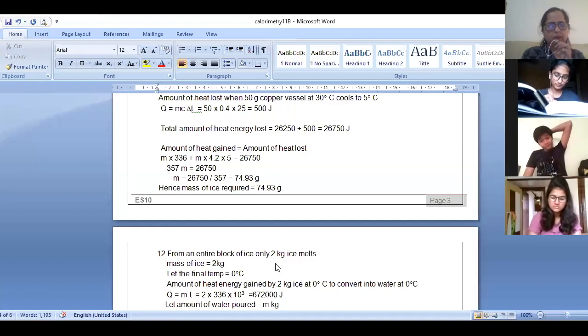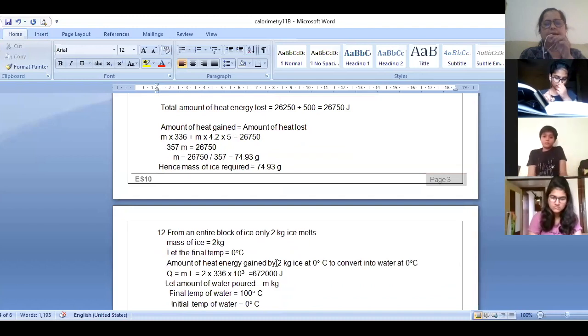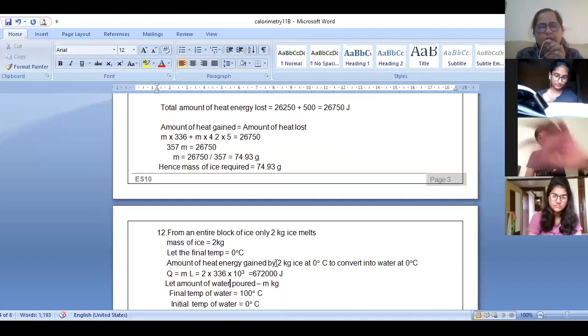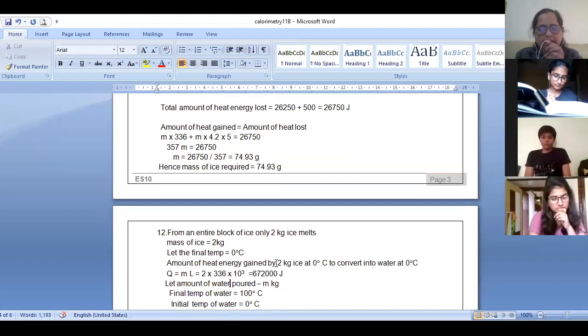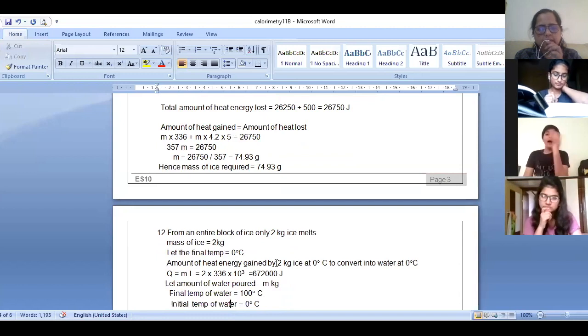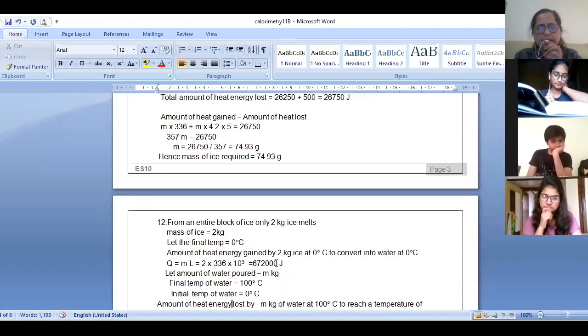So first we are going to see the amount of heat energy gained to convert to water. So you will first do the change of phase. Now the latent heat of fusion, 336 into 10 raised to 3, I have taken. So 6,72,000 joules you got. Now let the amount of water poured be m kg. The initial temperature is 100 degrees Celsius and the final temperature 0 degrees Celsius.